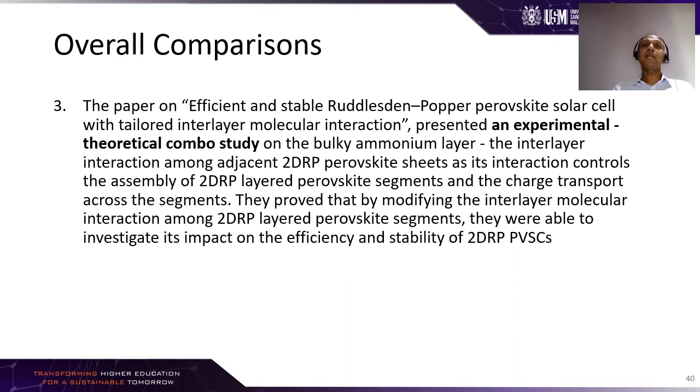They proved that by modifying the interlayer molecular interaction among the 2DRP layered perovskite segments, they were able to investigate its impact on the efficiency and stability of 2DRP PVSCs.